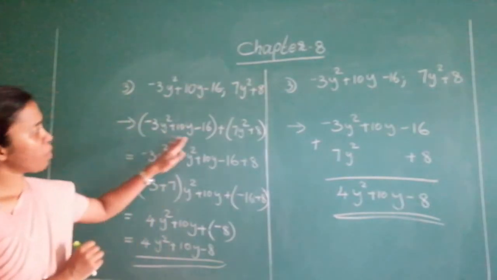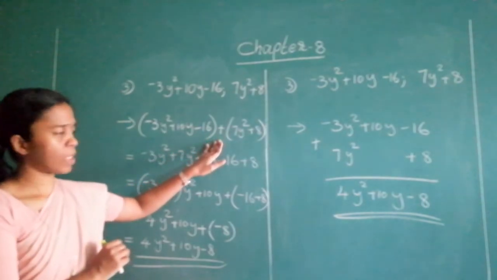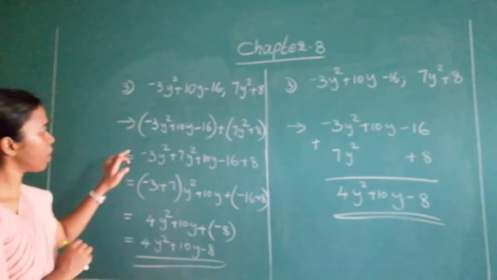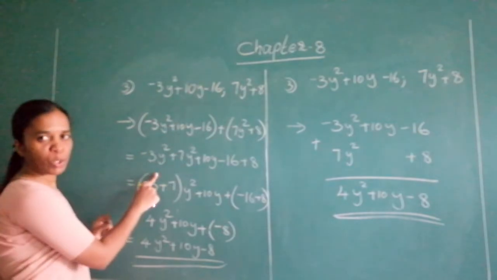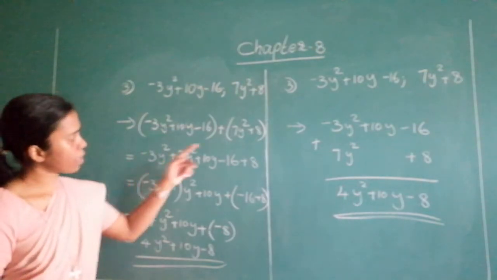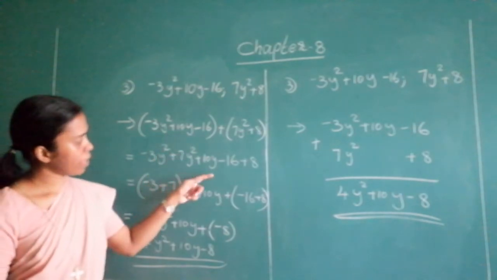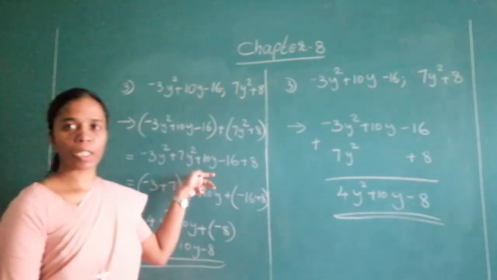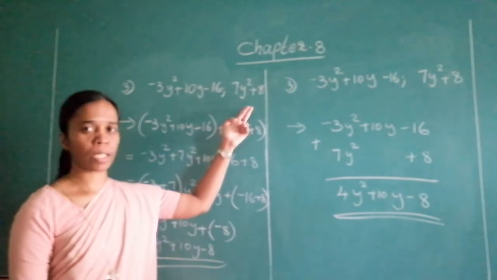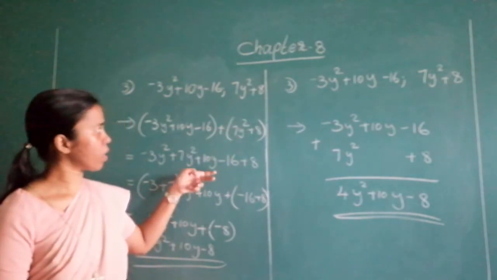So, first, since it is addition, we put the operation sign. Then, minus 3y square plus 7y square, bring the like terms together, plus 10y. There is no like term in the second expression, so we don't write anything along with that.